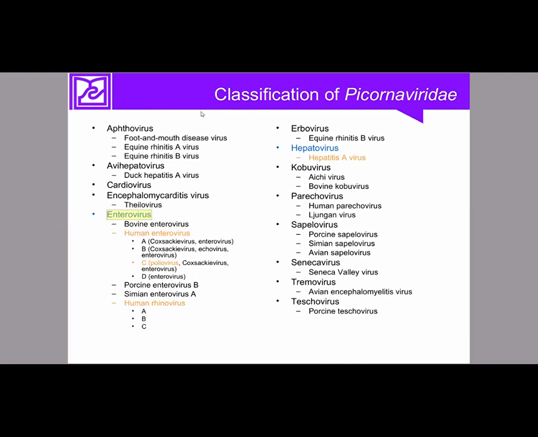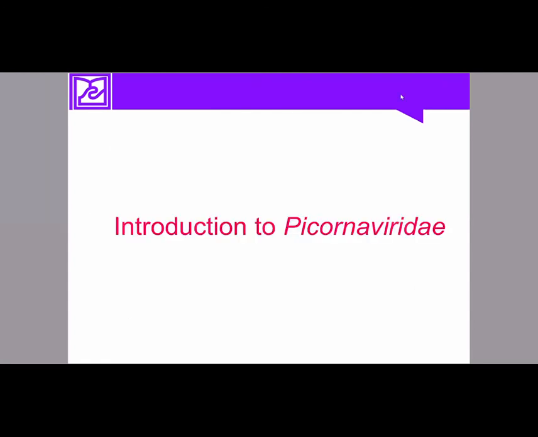So all of these viruses belong to the family Picornaviridae. So we are going to study now hepatitis A virus. By the way, the name Picornaviridae: Viridae, family of viruses; RNA; Pico, Greek language, it means very small. So very small RNA viruses, okay? That's the meaning of Picornaviridae.